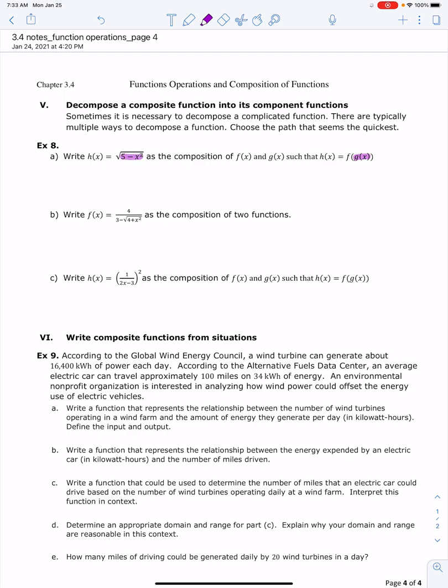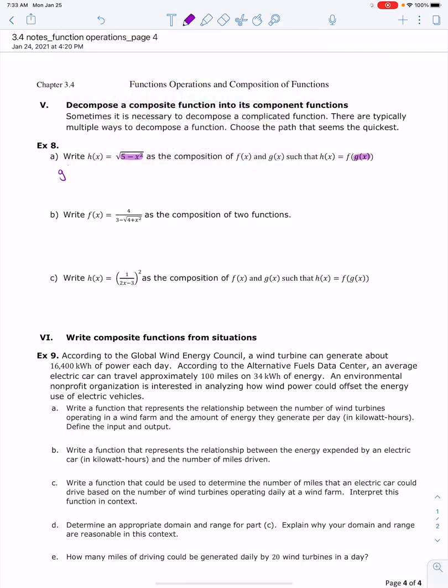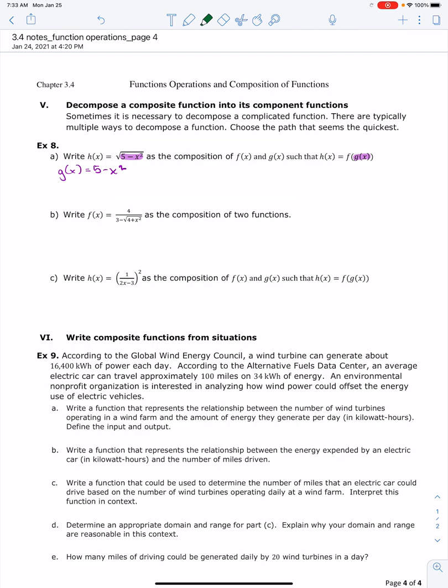So I have a polynomial function here. Inside, I am going to call that my g of x. So we're going to make g of x 5 minus x squared. And then we'll make f of x the square root part.